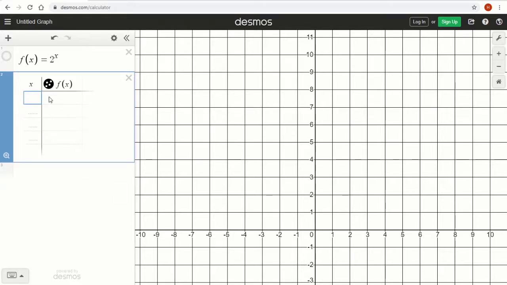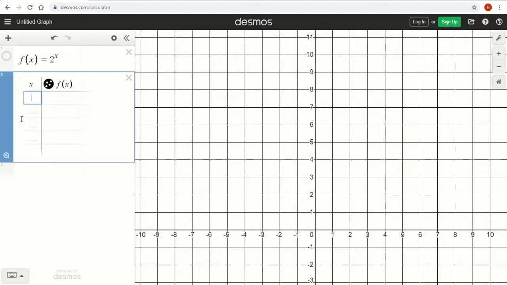So let's say I'm now studying the graph for this function, specifically 2 to the x. It's an exponential function with positive base 2, being raised to the x power. With Desmos, I can provide a table of values, and Desmos can do a quick calculation for me. But I will also clarify along the way with the TI-83 or 84 calculators.